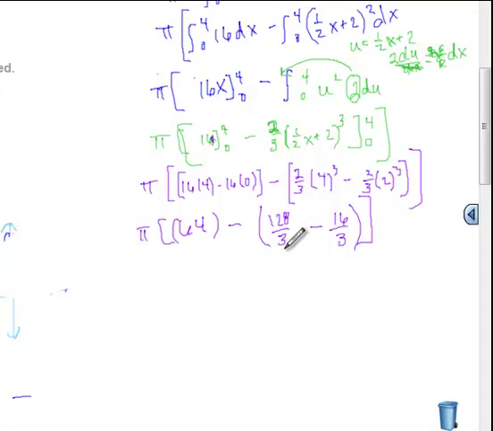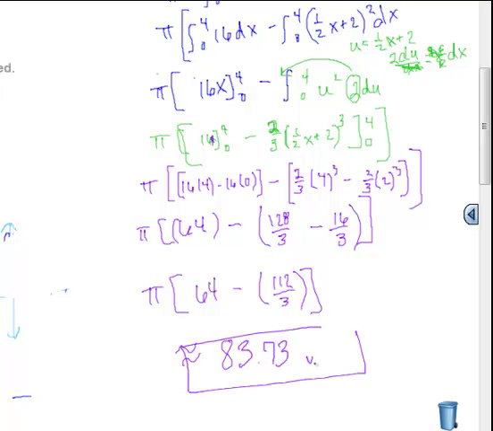So this simplified is 64 minus, and then we have 112 over 3. And if you can just go ahead and calculate this in your calculator, what you are going to get is approximately 83.73 units cubed because it's volume. So there we have it. That's it.